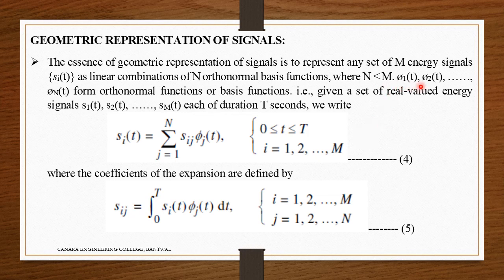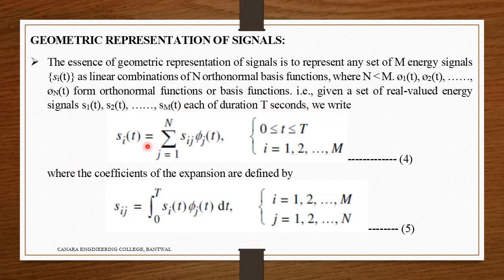Let phi_1(t), phi_2(t), and so on up to phi_N(t) form orthonormal functions, or basis functions, given a set of real-valued energy signals s_1(t), s_2(t), and so on up to s_M(t), each of duration T seconds.